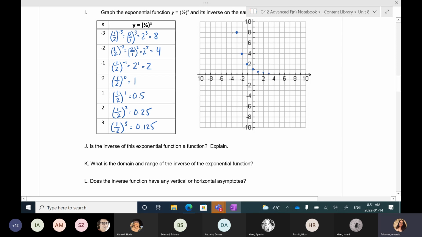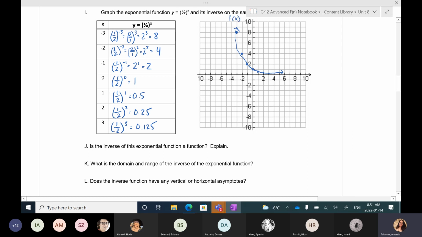Okay, so there is my original. Oh my gosh, I'm missing all my dots here. You guys do a better job on paper. Here's my original function, and that is a decay function.